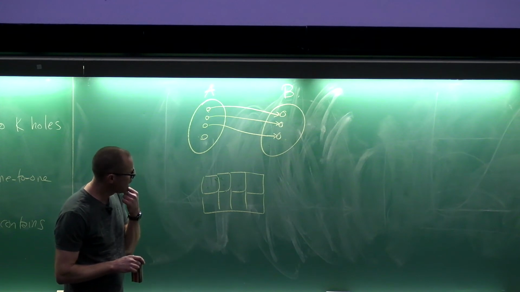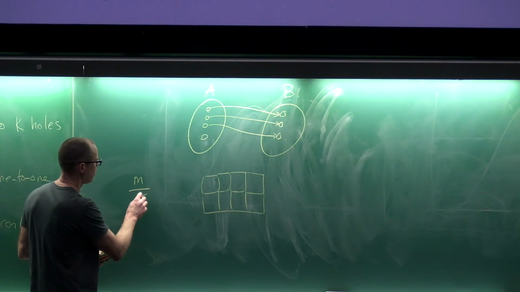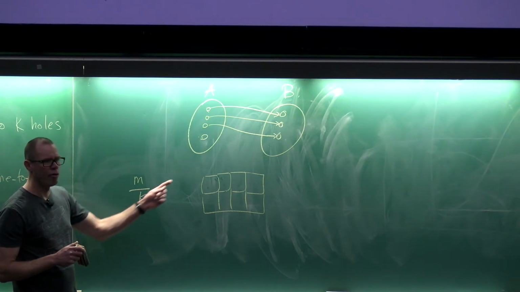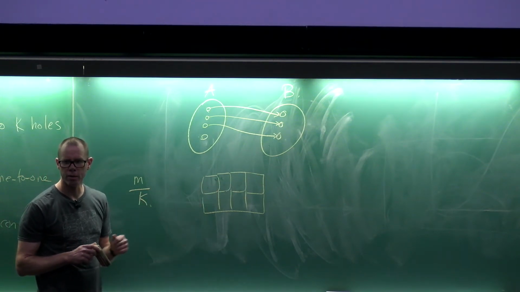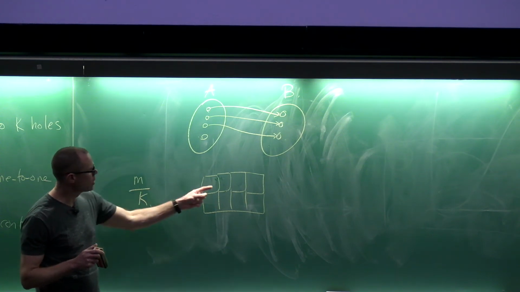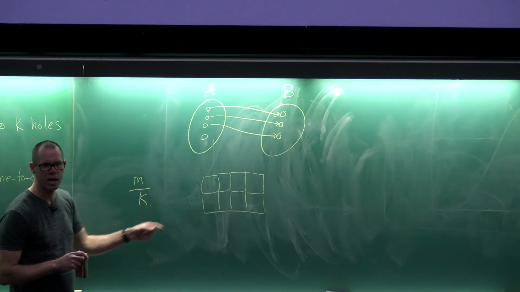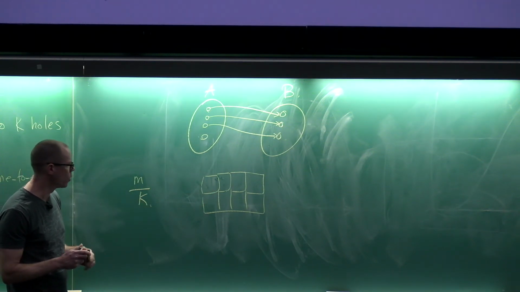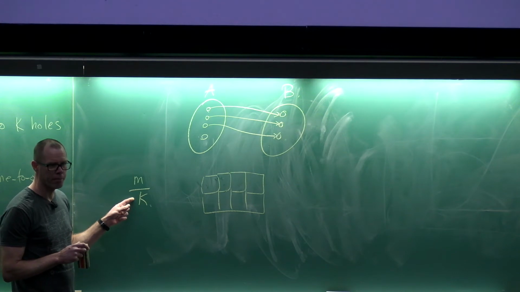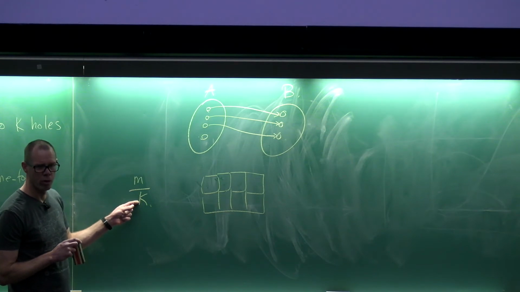Well, I can then say this M over K is the average number of pigeons in a hole, right? If I add up how many pigeons are in each hole, I'll get M, and then I divide by the number of holes. That gives me the average number of pigeons in each hole, which is M over K. So M is the number of pigeons, K is the number of holes.